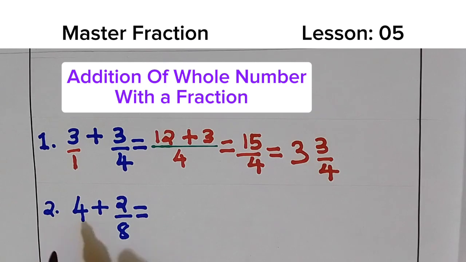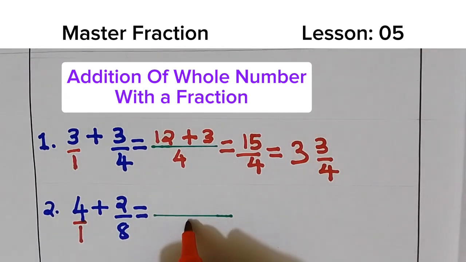Let's go and do question number 2. The same, we are going to change this whole number into fraction by put it over 1. So it's going to be over 1. Then we are going to find the LCM of 1 and 8, which is going to be 8. We have LCM 8. 8 divided by 1 is 8. 8 multiplied by 4, we get 32.